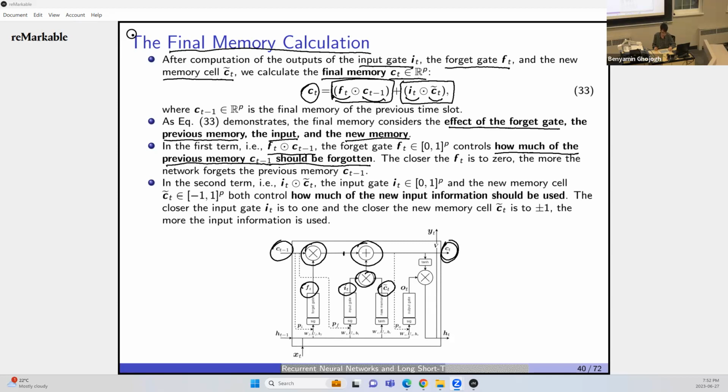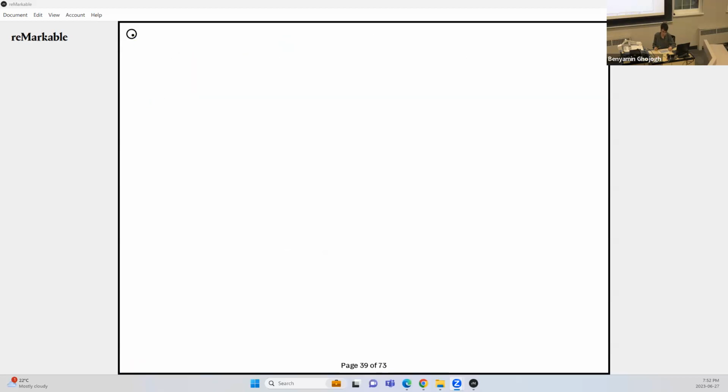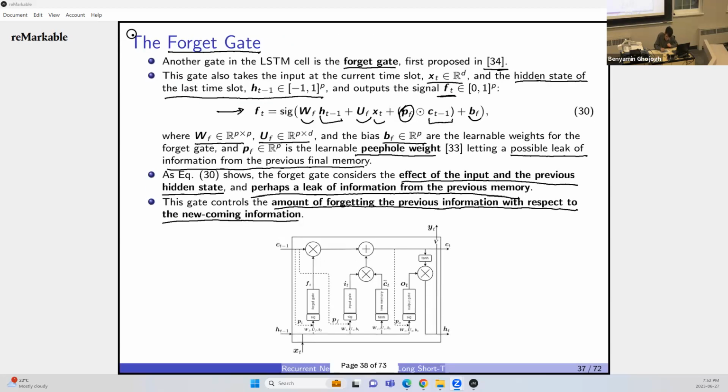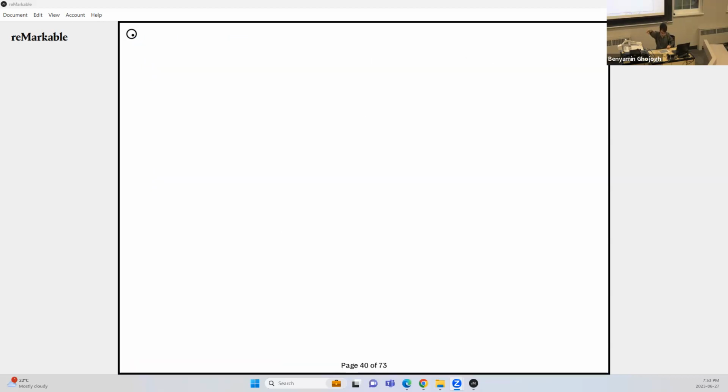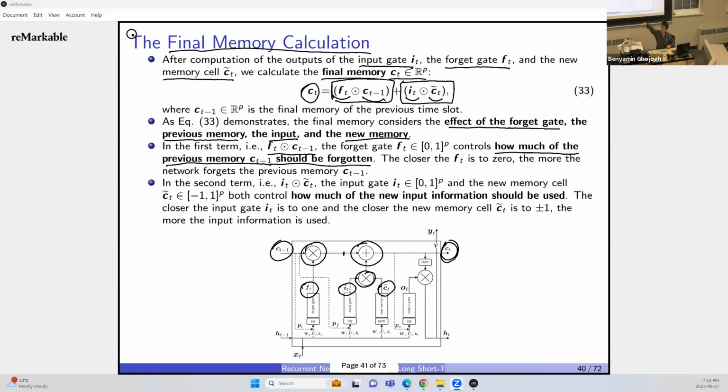Let's go back to FT. First off, it has WF in it. So if WF is small, the effect of HT minus 1 is reduced. This is one way of forgetting. Another way of forgetting is that the output of FT is multiplied with CT minus 1, also another signal from the previous memory.